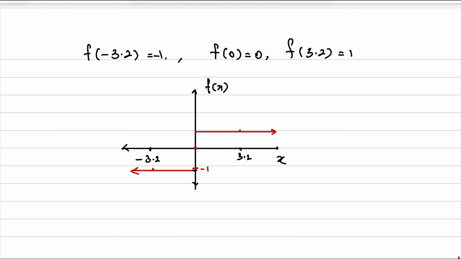Here it is minus 1, here it is plus 1. That's all. That means it is x by x. Function x is equal to x by x.